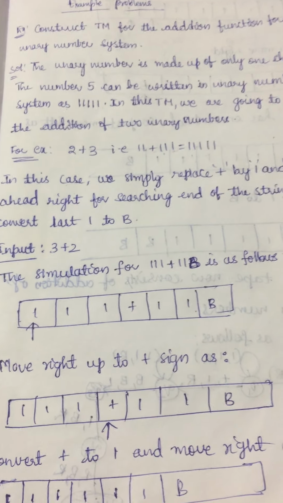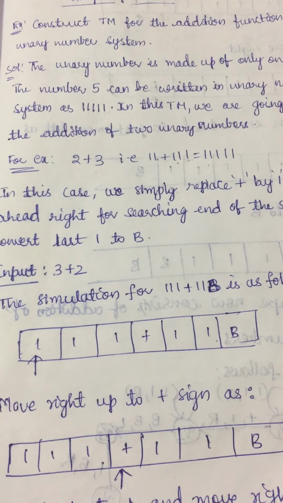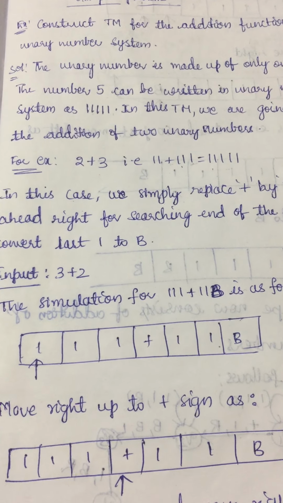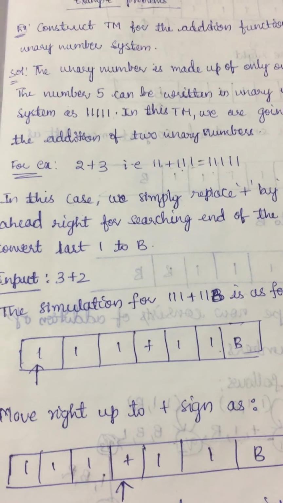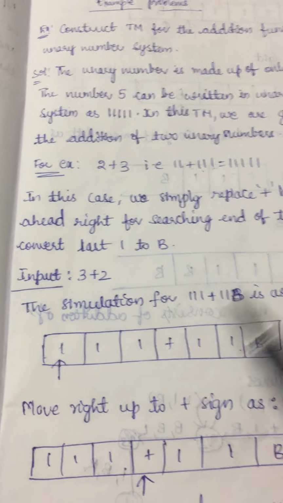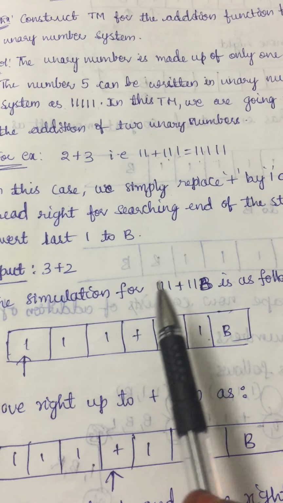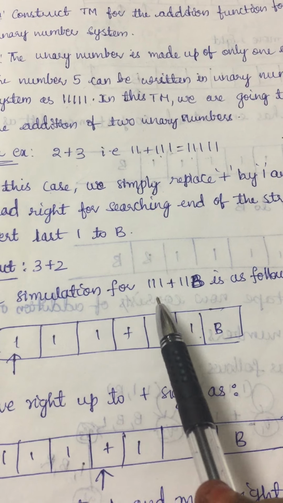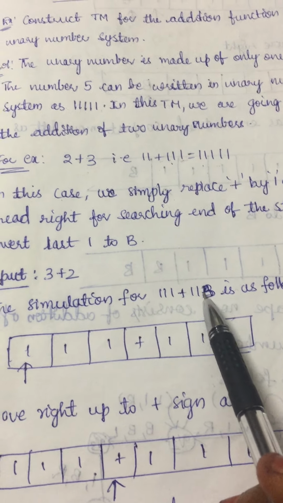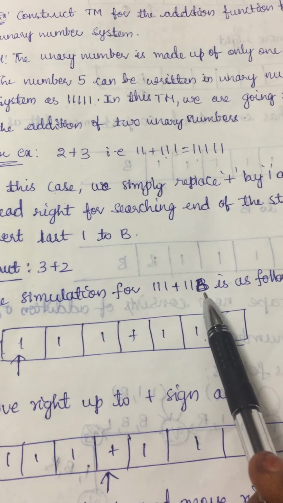Okay, so now see, this is a small example. That is the reason I am elaborating point by point here, so that you can easily understand this and you could know how to answer the remaining examples also. So the input is 3 plus 2. Now the simulation, or the control procedure, for this 3 plus 2: after these 2 ones a blank symbol will be present.